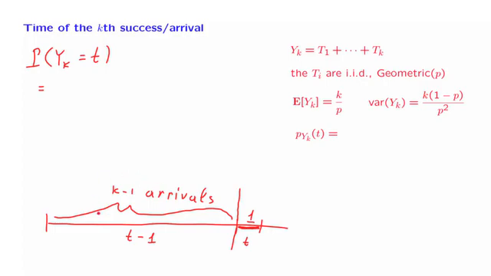So the probability of these two events happening, because of independence, will be the probability of the first event happening, k minus 1 arrivals in time t minus 1, times the probability of an arrival at time t.